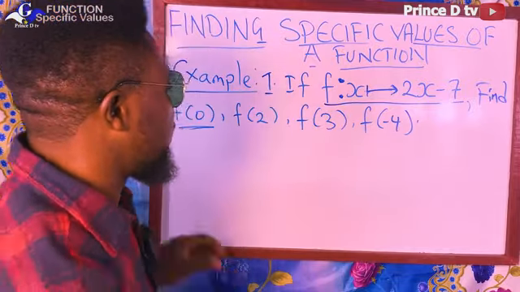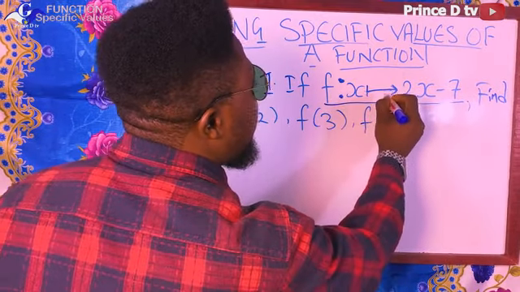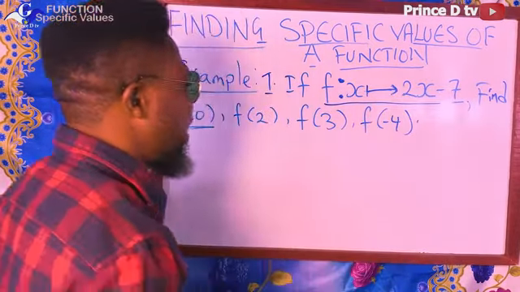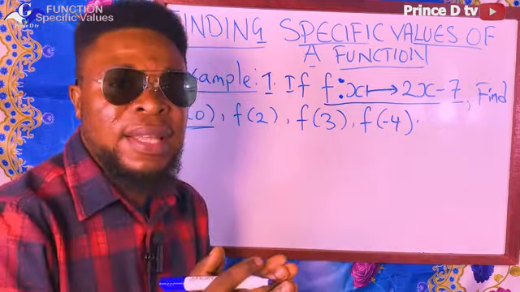Remember, this function f such that x maps onto 2x minus 7 can be written in a more concise or plain manner.